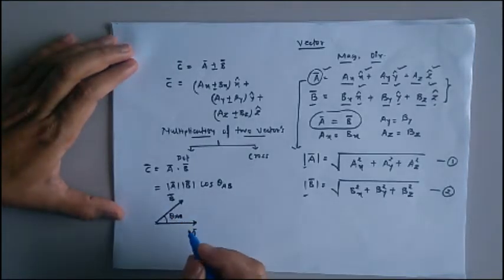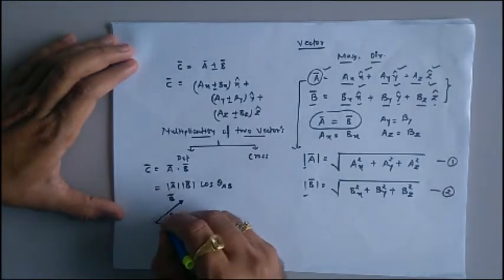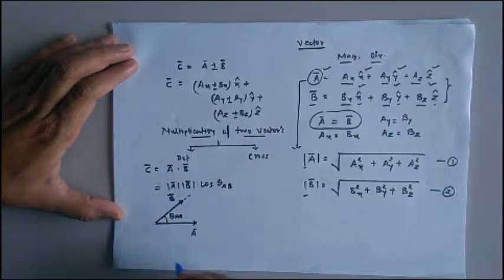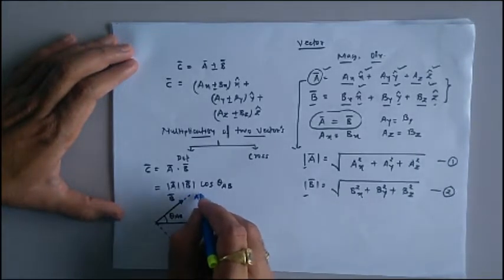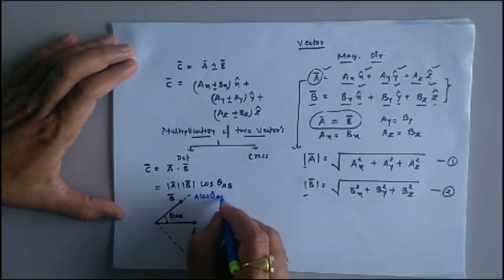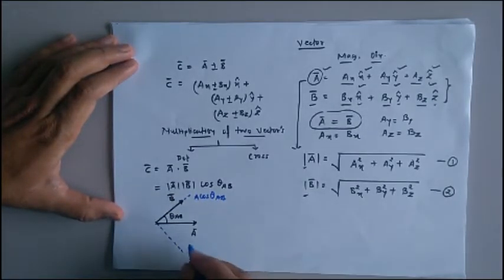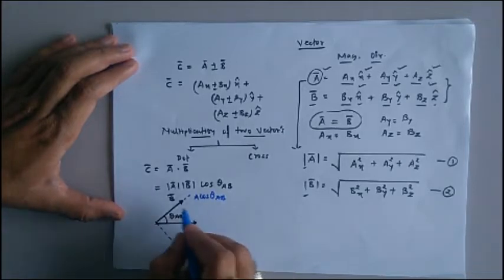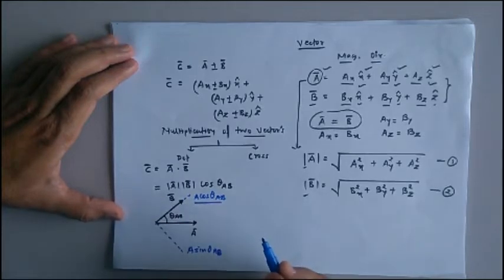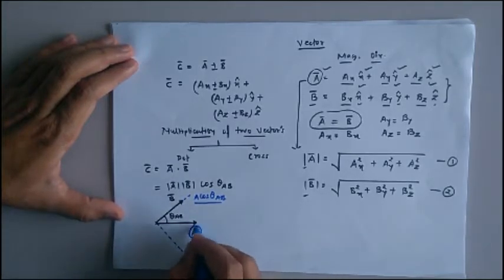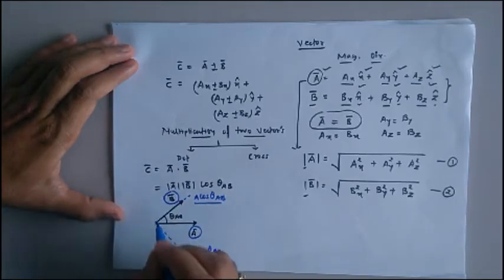Like this. First one will be in the direction of b bar and second one is perpendicular to b bar. So this component of a bar is nothing but a cos theta ab, and this component of vector a is nothing but a sine of theta ab. That means from this graph it is very clear that this a cos theta indicate the component of a which is along vector b bar.